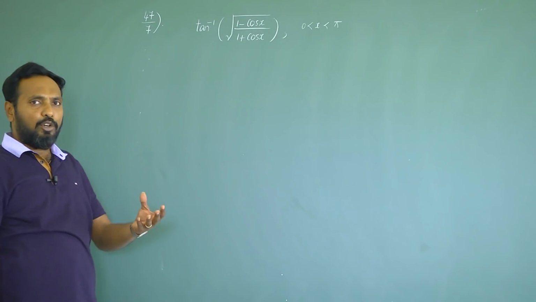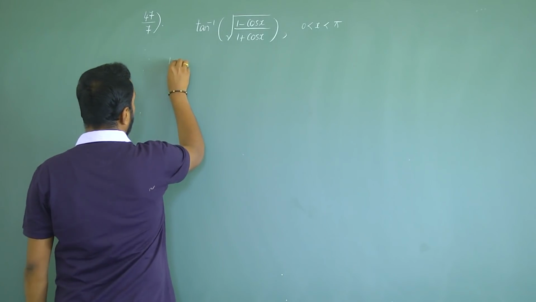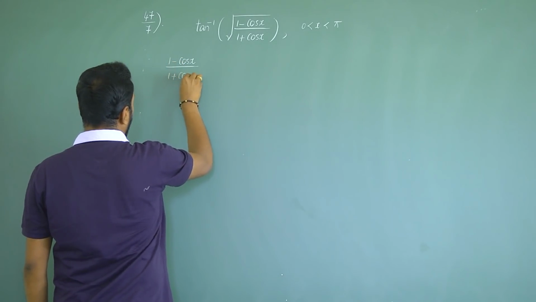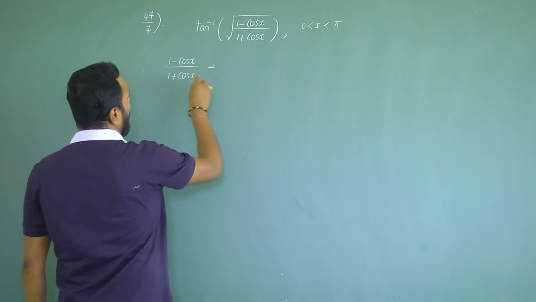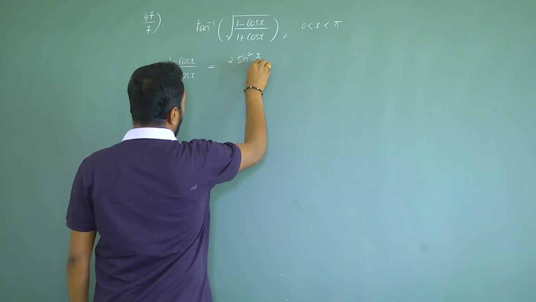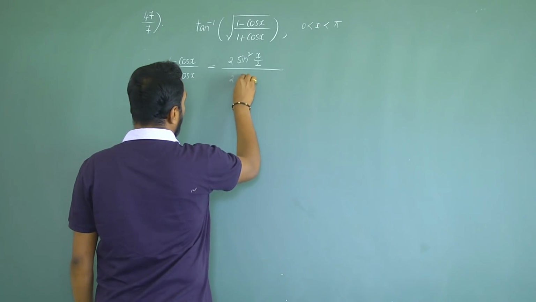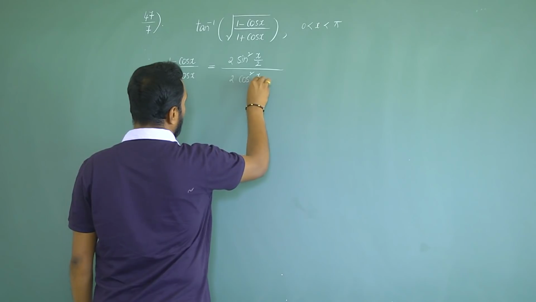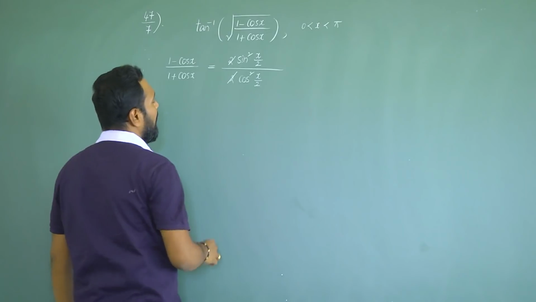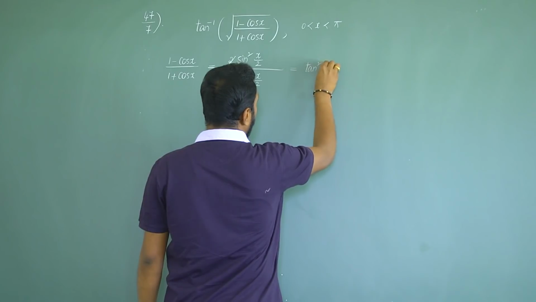Just as we know the formulas, we will substitute directly in this particular problem: 1 minus cos x by 1 plus cos x equals, the formula for 1 minus cos x is 2 sin square x by 2, divided by the formula for 1 plus cos x, which is 2 cos square x by 2. I can cancel the 2. Sin square by cos square equals tan square x by 2.